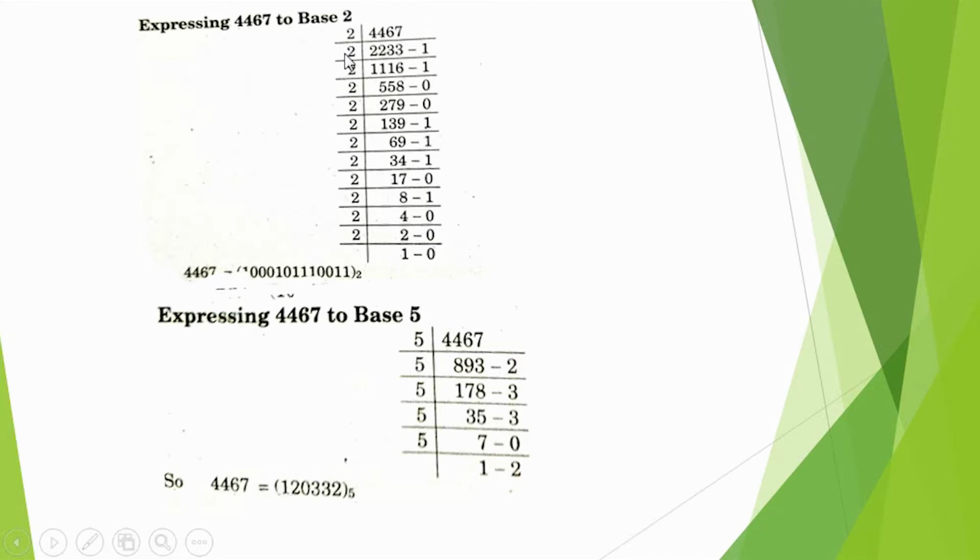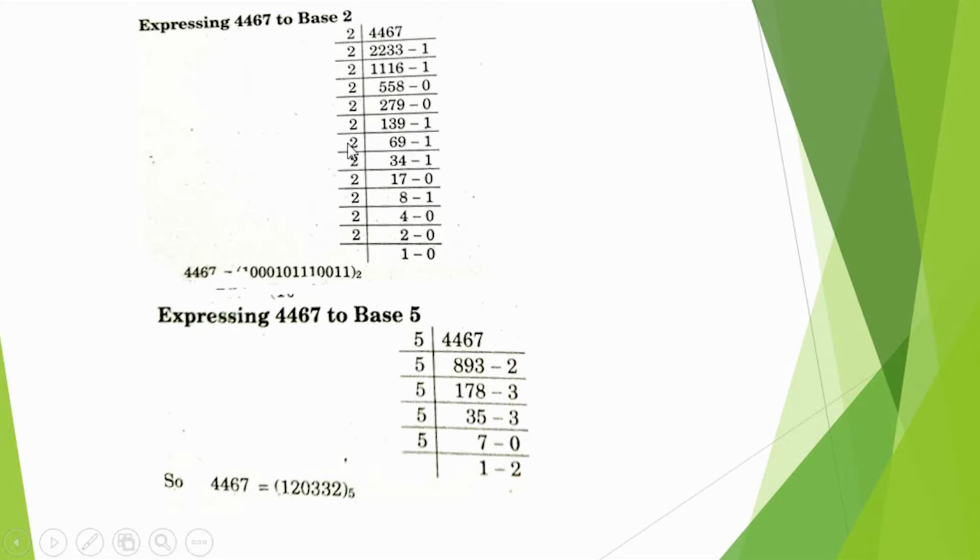2 2s are 4, 2 2s are 4, 2 3s are 6, 2 3s are 6, 1 becomes carry. 2 1s are 2, 2 1s are 2, 3 becomes 13, 2 6s are 12, 1 carry. 2 5s are 10, 6 becomes 16, 2 8s are 16, 0 carry. 2 2s are 4, 2 7s are 14, 2 9s are 18, 0 carry. 2 1s are 2, 2 3s are 6, 9 becomes 19, 2 9s are 18, 1 carry.